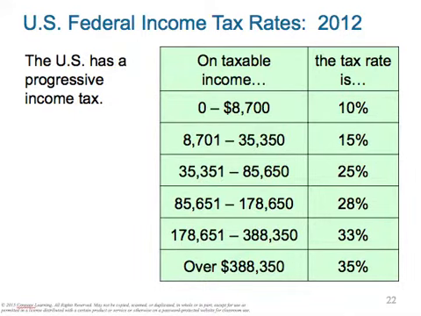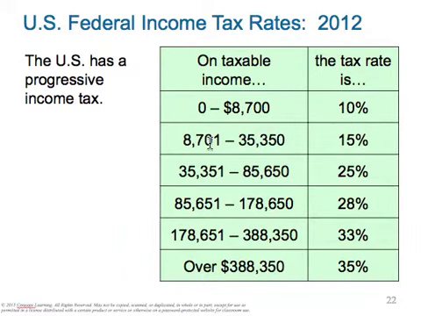So, for example, a person earning $30,000 would pay 10% on the first $8,700 of their income, 15% on the income above $8,700, and they would not pay 15% on their entire income. So it works in a graduated fashion. Their first $8,700, they're paying a tax rate of 10%.